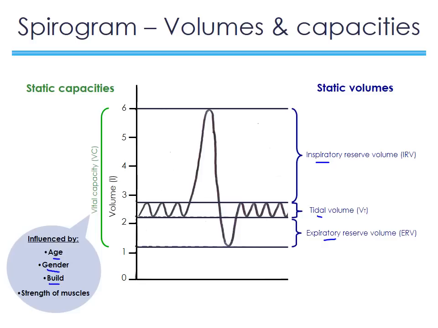The strength of muscles, and here we are specifically talking about the respiratory muscles. If these muscles are more developed, such as in swimmers or martial arts performers or deep sea divers, or even musicians who play wind instruments, who are constantly strengthening and developing these respiratory muscles, they also have an increased vital capacity.